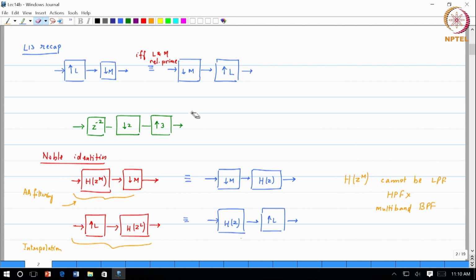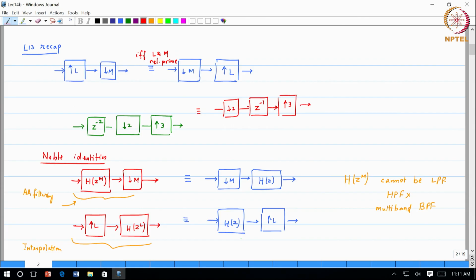So, this is equivalent to, let me use the red at the first stage, I can interchange, so the delay and the downsampling can be swapped. If you swap it, then you will get the downsampling followed by Z inverse followed by upsampling by a factor of 3.